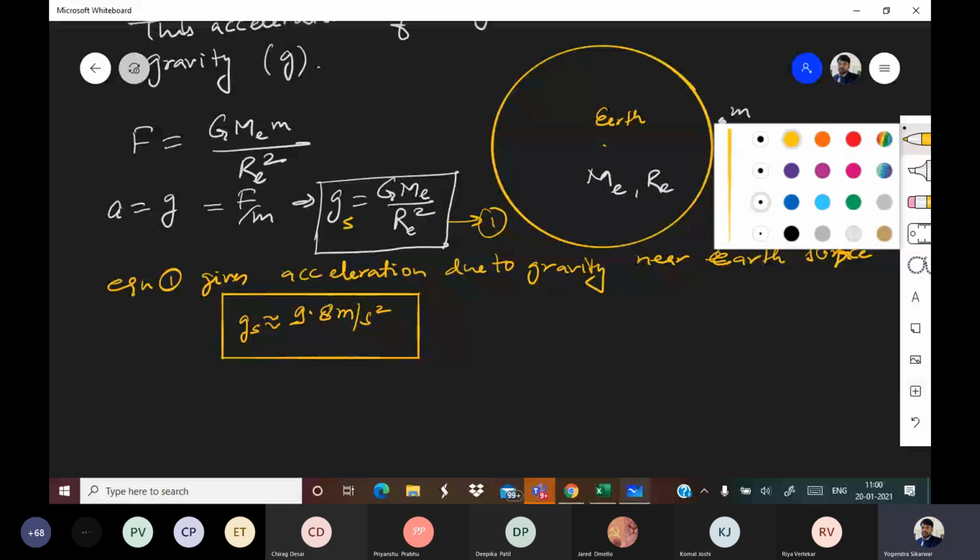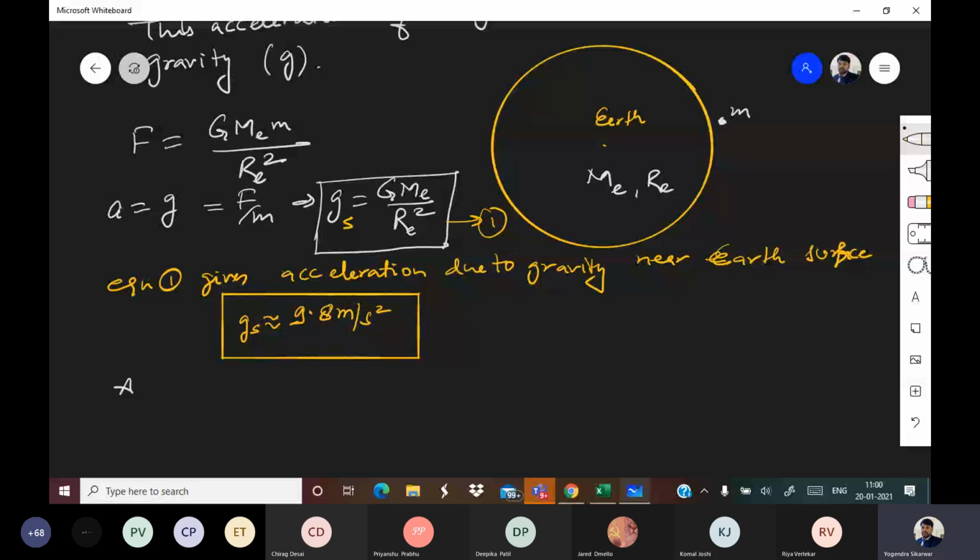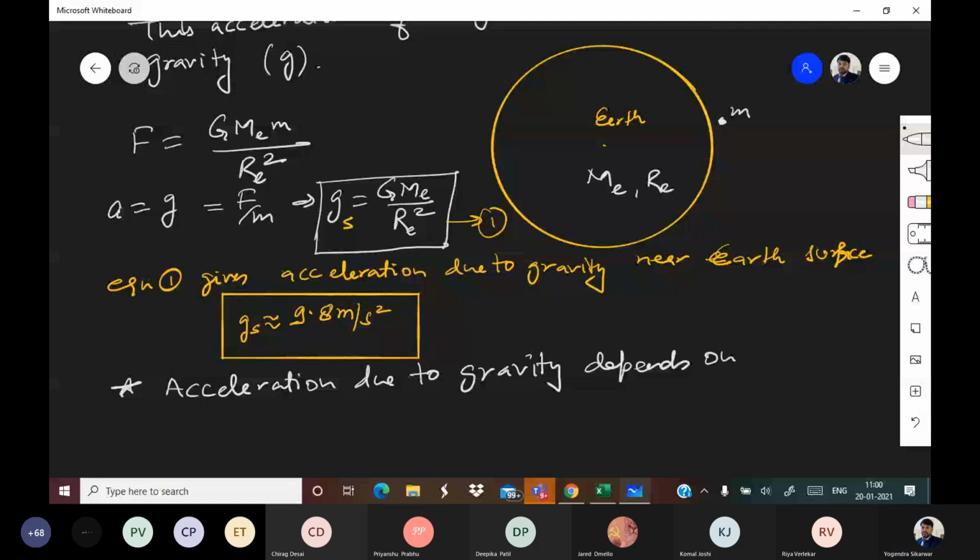Star point. Acceleration due to gravity depends on mass of planet and radius of planet.